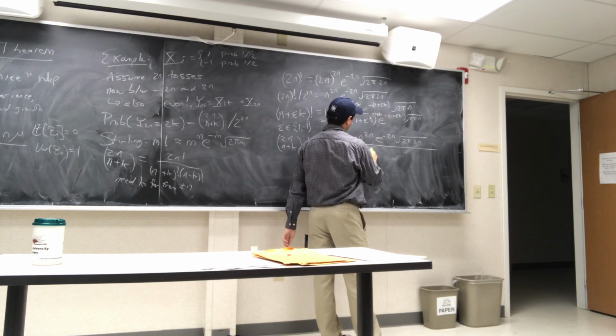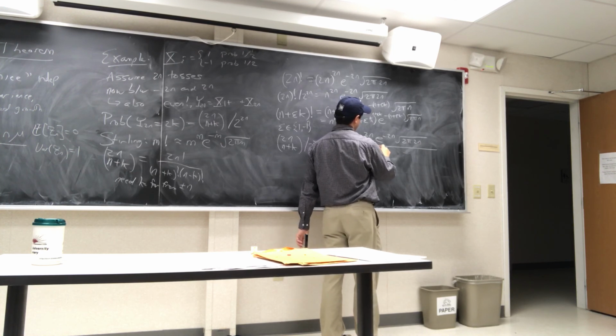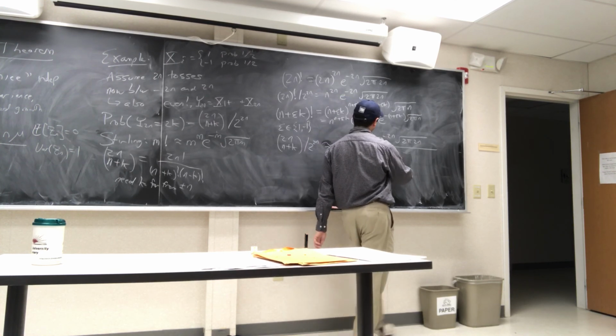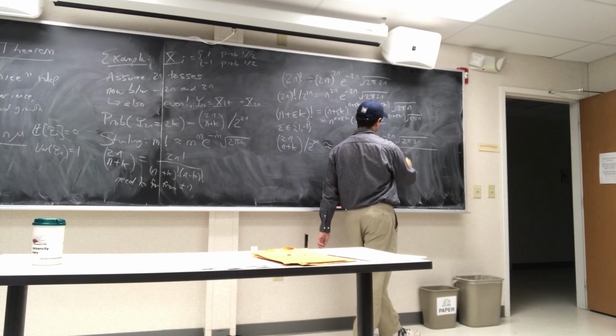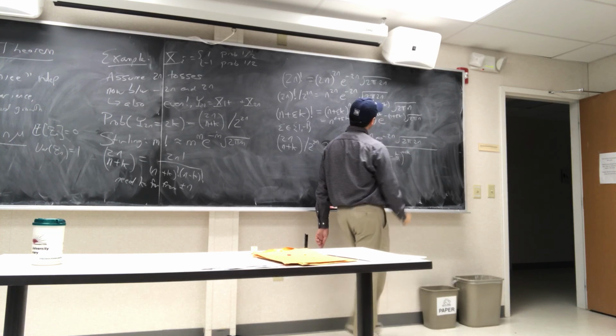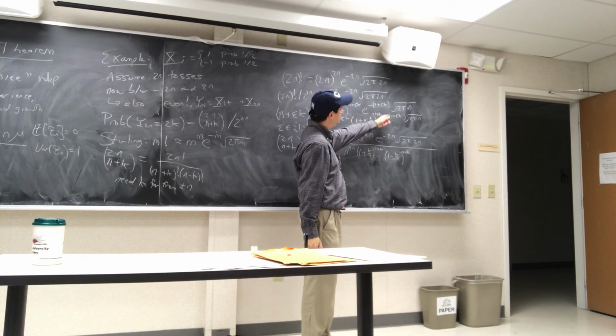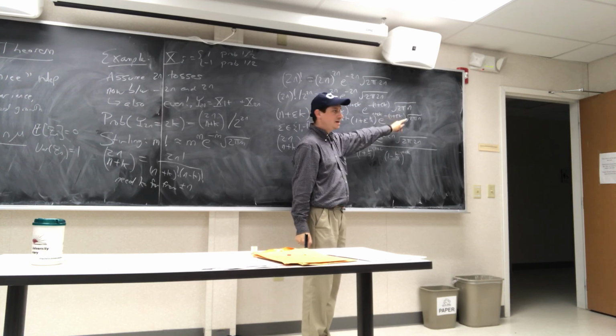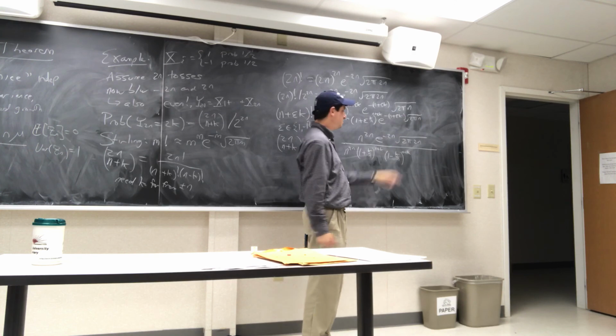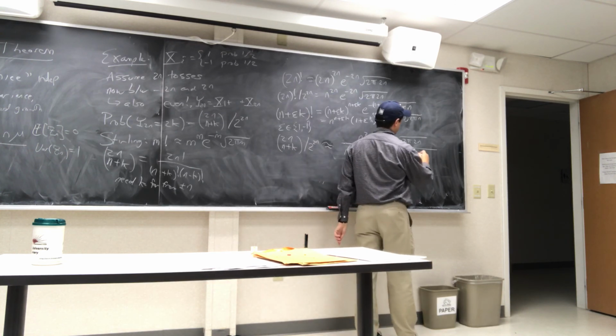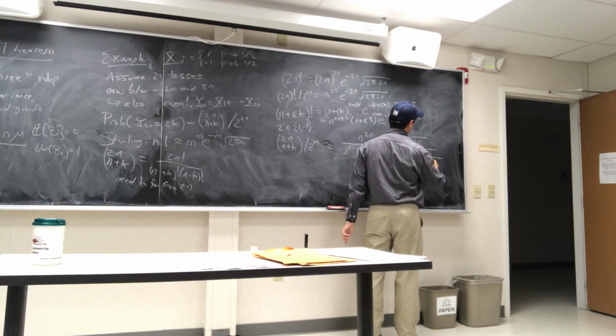Then I'll have a 1 plus k over n to the n plus k. I'll have a 1 minus k over n to the n minus k. So now over here I get e to the negative n plus k. I get e to the negative n minus k. The k's again cancel, and I get e to the negative 2n. And I get a square root of 2 pi n twice.